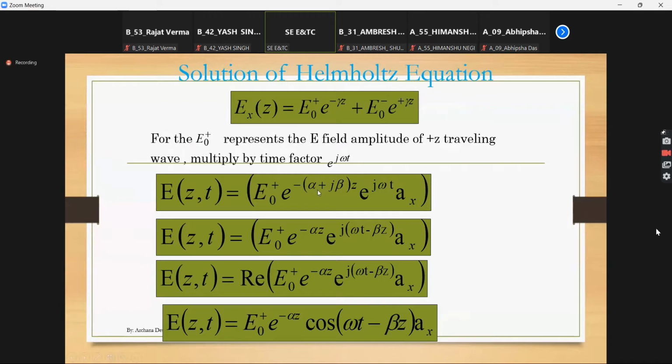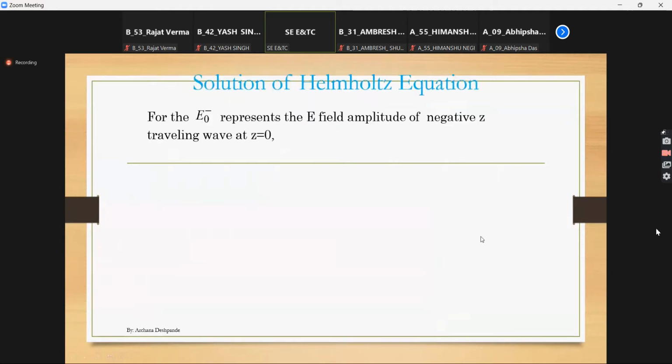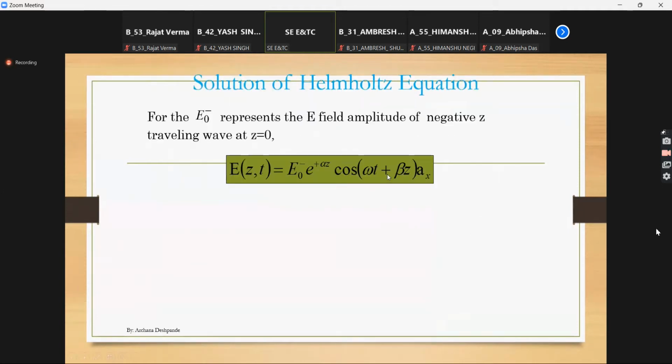Okay, so यहाँ पे प्लस होगा तो क्या होगा, यहाँ पे भी प्लस होगा. So cos omega t plus beta z will be, okay, that will be my electric field of reflected wave. Okay, so this is my reflected wave.